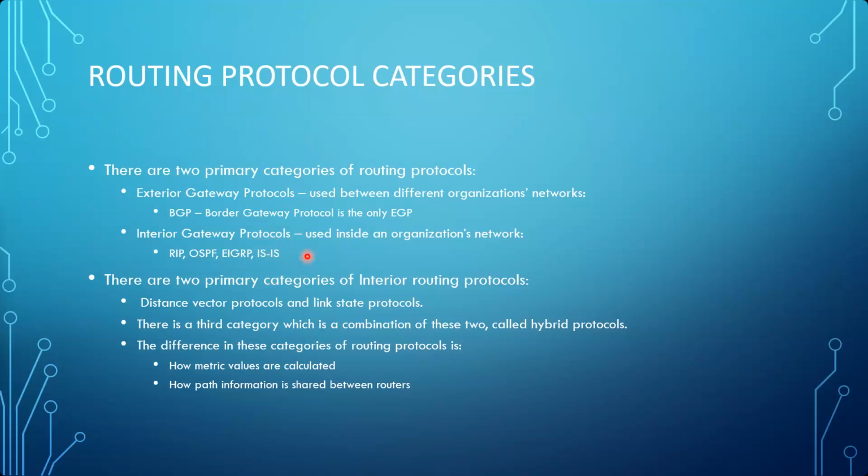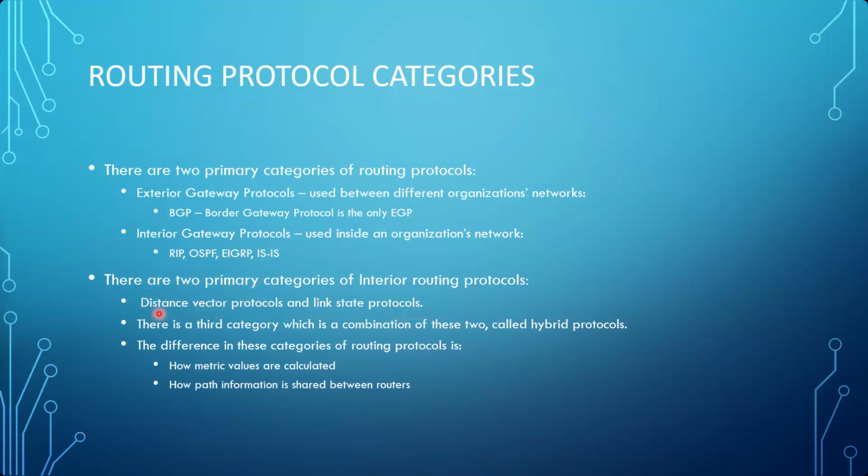Now, when we talk about the interior gateway protocols, which we just went over, the big four, the only four really, there are two categories that they can fall into. The two primary categories, although there's going to be a third category, are distance vector and link state.